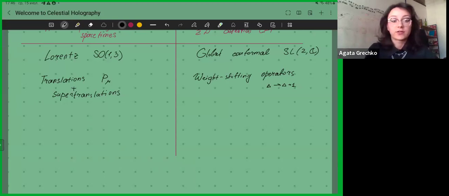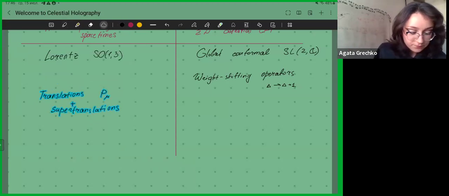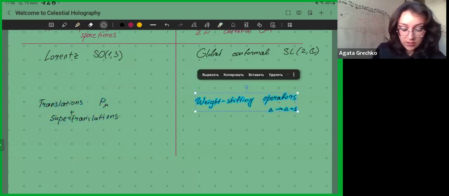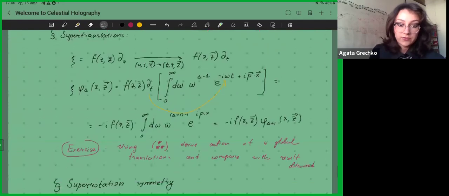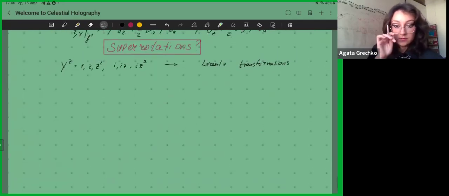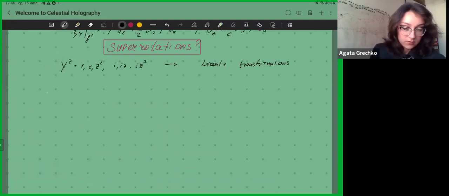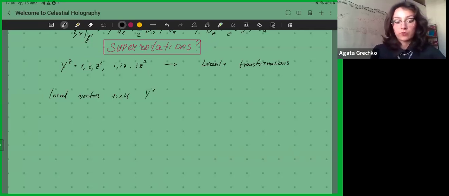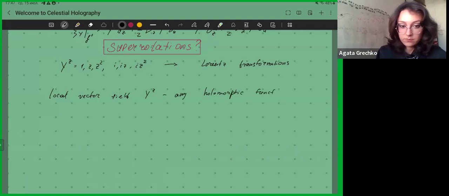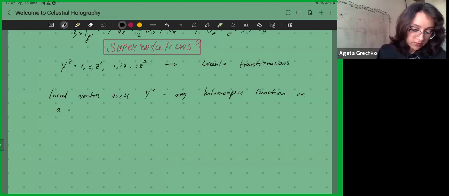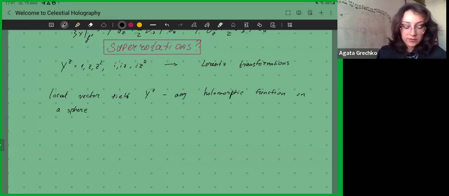And the spoiler, the answer is yes, because in general, any vector field on a sphere, the local vector field Y^z, should be just given by any holomorphic function on a sphere.